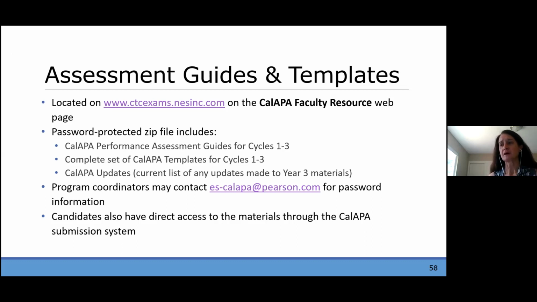And also to remind programs that once candidates register with the CalAPA submission system, they also have direct access to the materials through the system. But you are certainly welcome to download and share materials with your candidates, either in print or on a secured platform that your program may have.